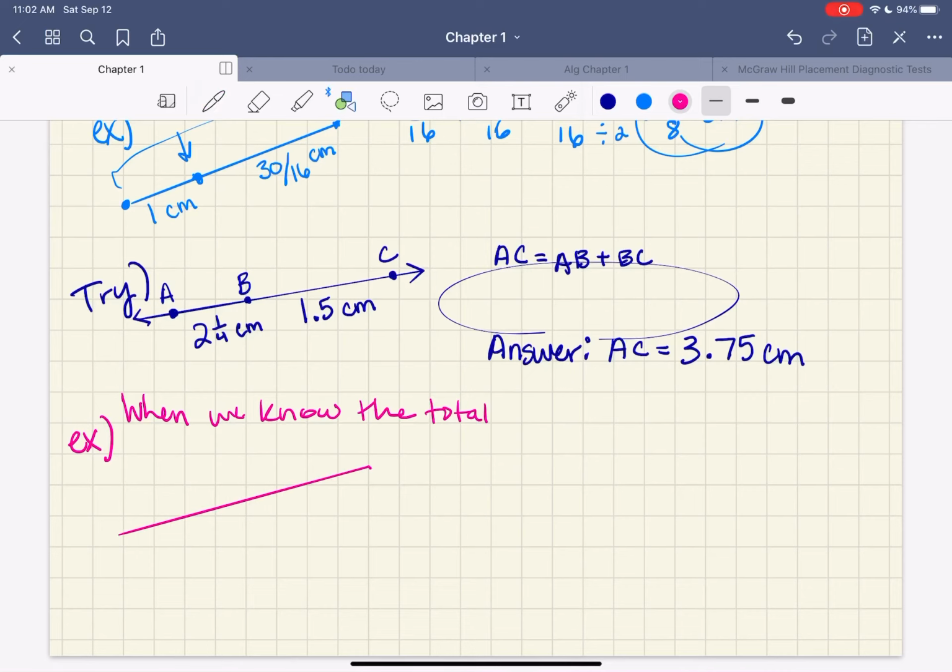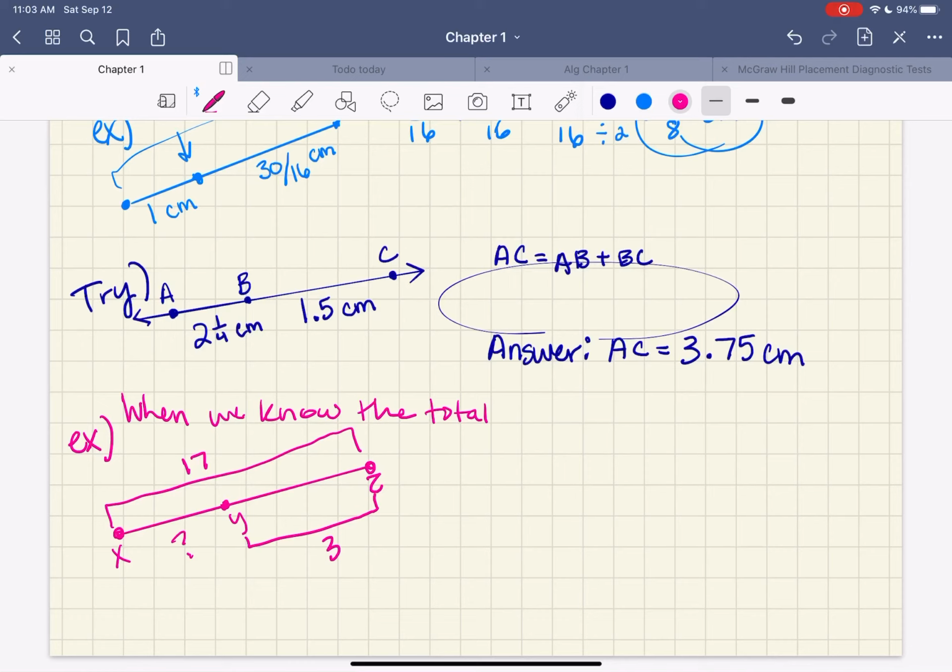So I'm going to have a segment, just like I've had for the other problems. But what's going to happen is I am going to know XZ. It's going to be 17. And YZ, I'm going to know is 3. So my task is going to be to figure out what XY is.